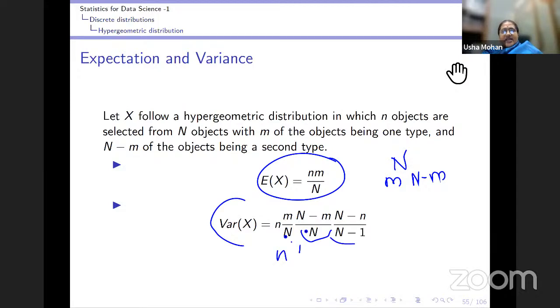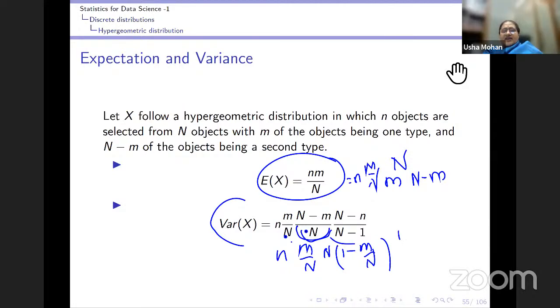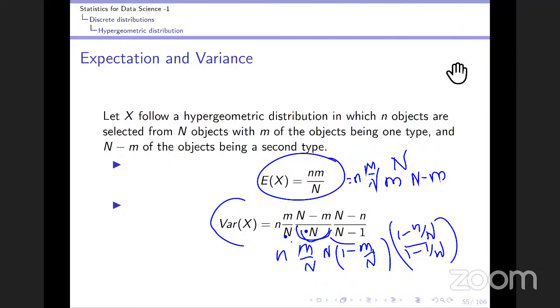I'm going to write this as n into m by N, and would you all agree that I can write this as n into 1 minus m by N? And this I can write as 1 minus n by N, 1 minus 1 by N. Can I do that? Yes, ma'am.